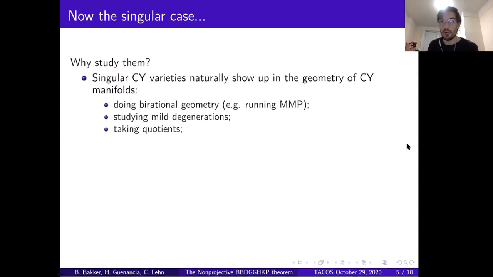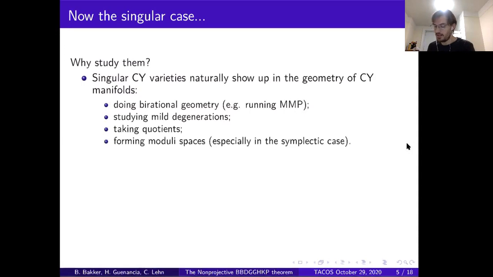Or if I'm taking group quotients, that's another easy way to produce singular Calabi-Yau varieties. And lastly, and this is mostly in the symplectic case, if I form moduli spaces, then a lot of the times I'll produce a singular, in that case, symplectic variety. Okay, so the first reason to study them is because we can't avoid them.